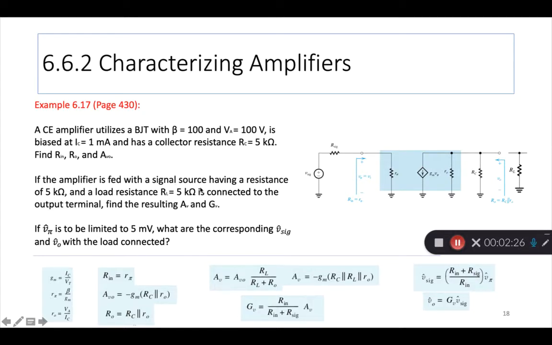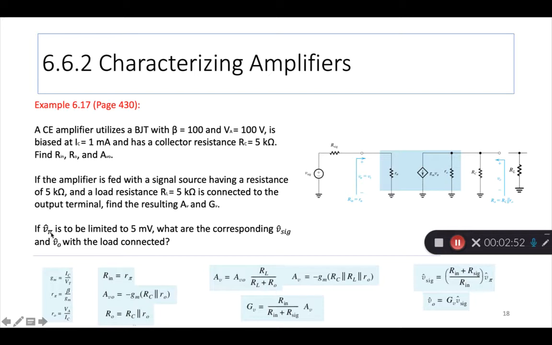So if these two are connected, then find the resulting AV and GV. That means the voltage gain with the load connected, and then GV, which is the overall voltage gain, which is the output divided by the signal voltage, right? So that also has to be calculated.